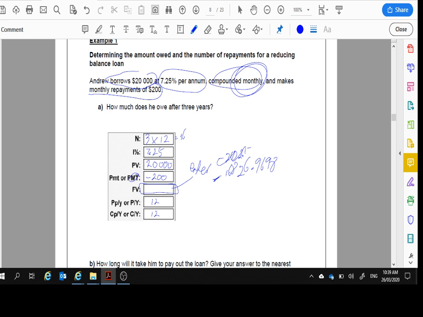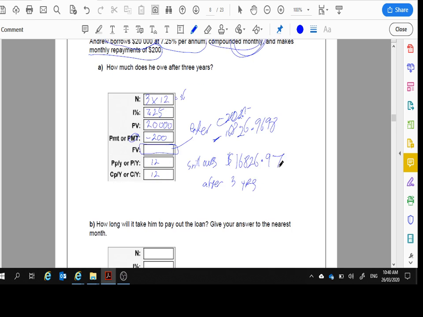The negative means that you still owe the money. So he still owes $16,826.97 after the 3 years. Remember, this is dollars and cents.